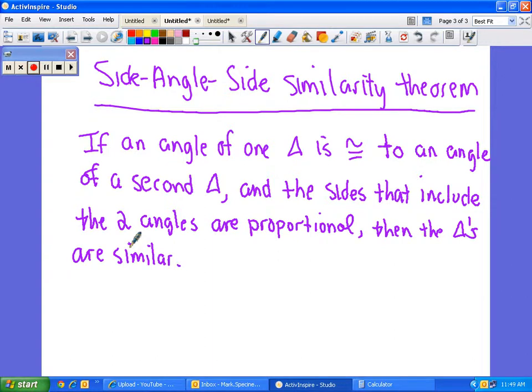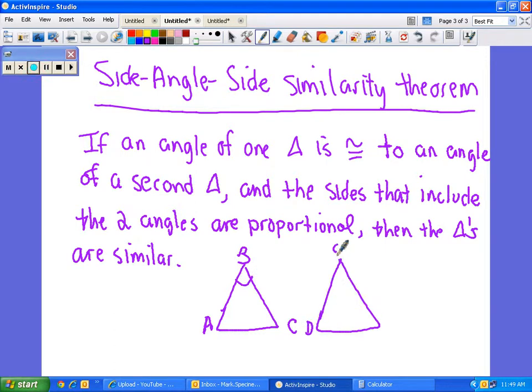And what that meant was if I had this triangle ABC, and I had this triangle DEF, and angle B was congruent to angle E, and then AB over DE is equal to BC over EF. Okay, so that was the second one.